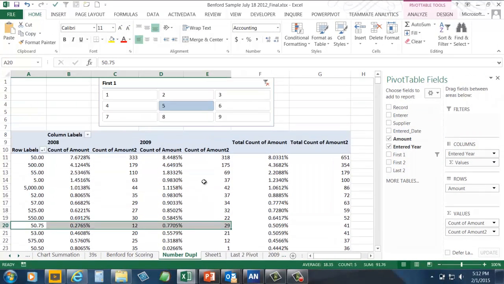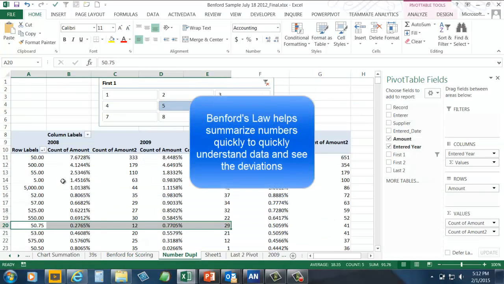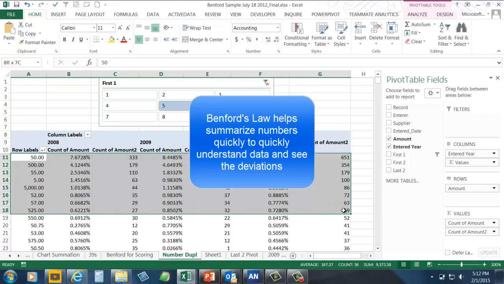But again, it allows you very quickly to get into digital analysis and to understand some of the deviations and understand why 5 is happening a lot. Well, I can very quickly, through a few pivot tables, get to that point and show you the reason why.